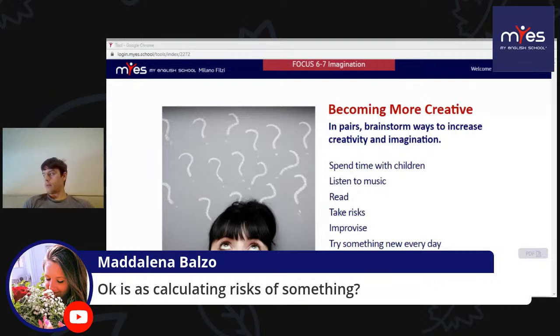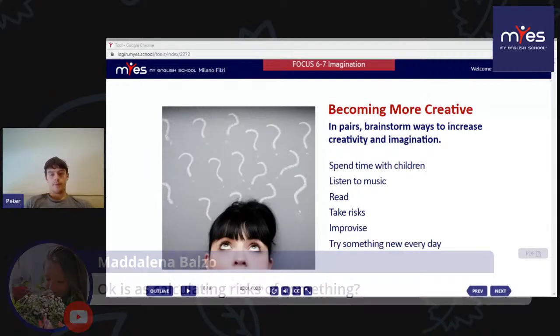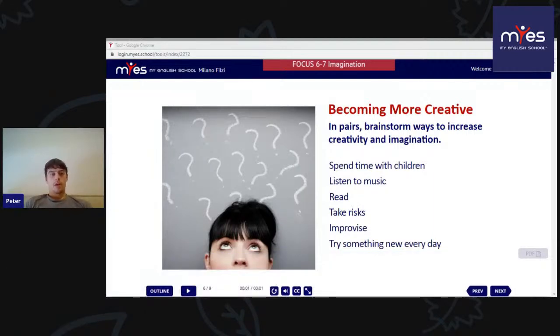For example, a risky situation might be to ask a boy to go on a date, or to ask a girl to go on a date, because maybe he says yes and it's the best and you're very happy, or maybe he says no and you feel a bit depressed and a bit sad. So calculating risks is to evaluate a situation.